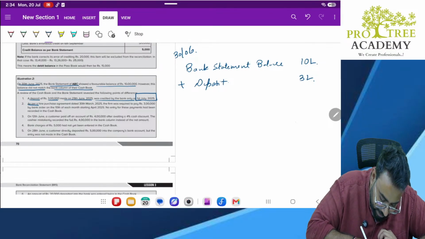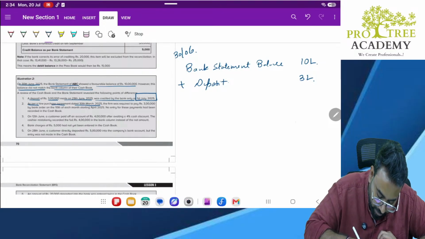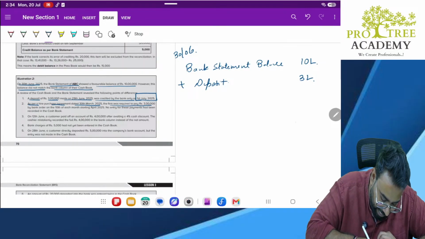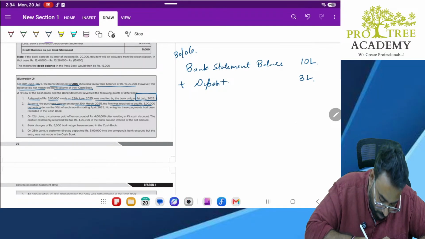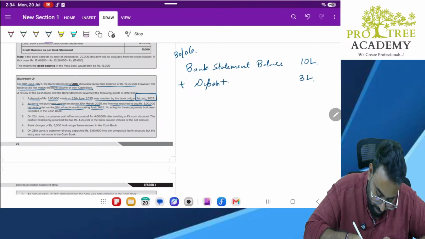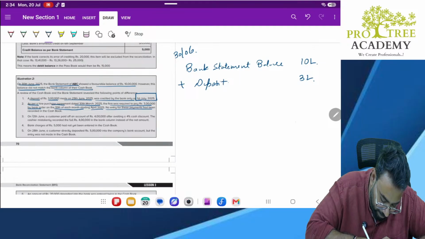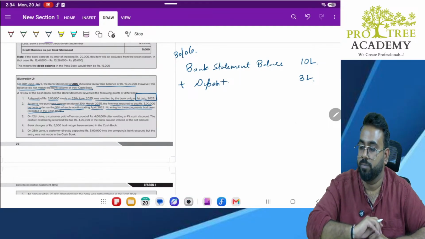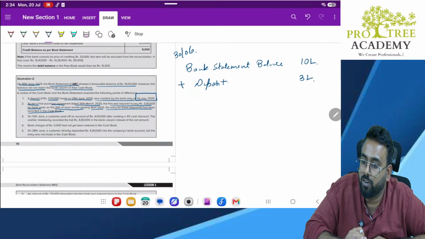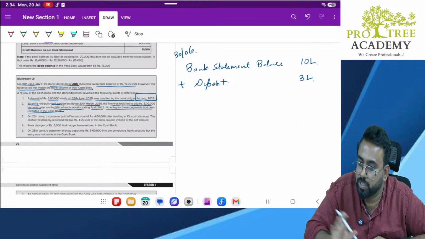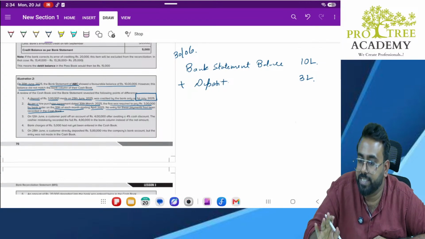As per the hire purchase agreement dated 30th March 2025, the firm was required to pay 3 lakh by bank order on 10th of each month starting April 2025. No entry for this payment had been recorded in the cash book. So what they are trying to tell you, the question is big, but understand, it is simple. Hire purchase means what?